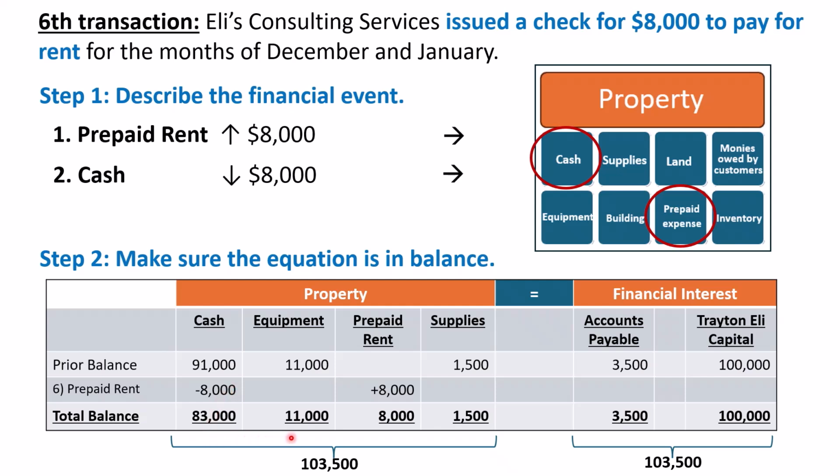Cash, equipment, prepaid rent, and supplies total $103,500, and so does the financial interest side of the equation, which means that we still balance.